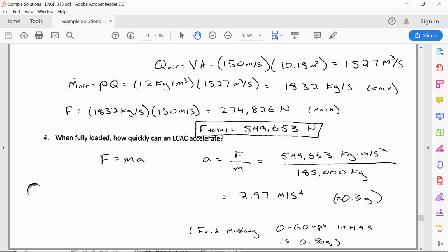And that's pretty fast. Just by comparison, a Ford Mustang, which is going 0 to 60 in less than 5 seconds, is accelerating at 0.56 g. And so this is a little more than half that. So it can accelerate pretty fast.